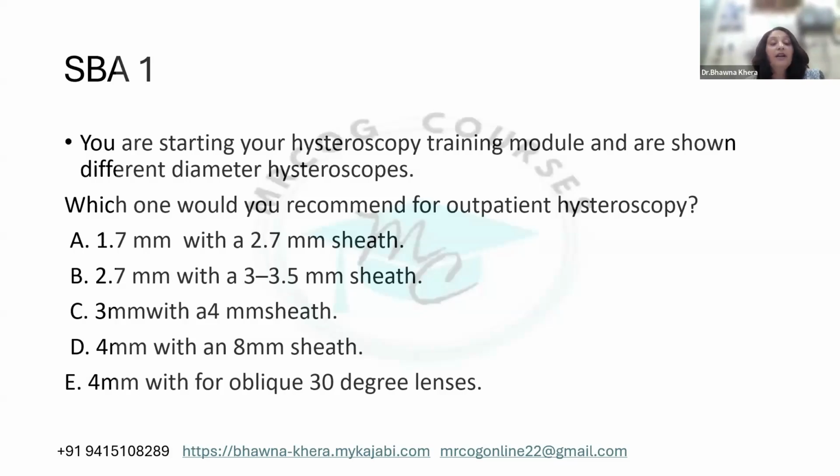A is 1.7 millimeters with a 2.7 millimeter sheath, B is 2.7 millimeter with a 3 to 3.5 millimeter sheath, C is 3 millimeter with a 4 millimeter sheath, and 4 with an 8 sheath, 4 with oblique 30-degree lenses. So which one are we going to choose for these patients? Yes, it's perfectly correct. It is B, 2.7 with a 3.5 sheath. B is the correct answer.